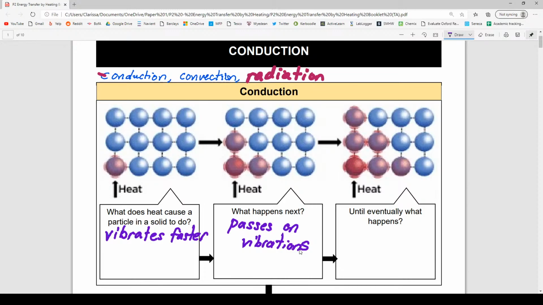Now eventually this keeps going, right? We start off with one particle, it passes on its vibrations to its neighboring particles, they start vibrating faster, and then they knock their nearby particles, and then those start vibrating faster, and so on and so forth, until the vibrations / heat energy pass through the entire object.